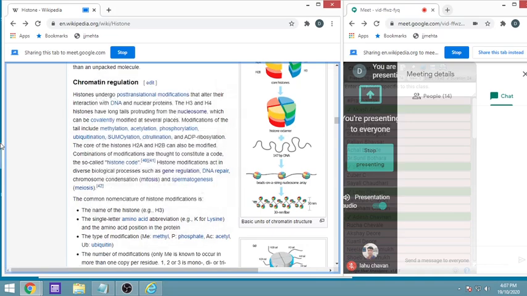The core of histone H2A and H2B can also be modified, and the combinations of modifications are important. They are also called the histone code, because there is a code, and accordingly the modification will be there. Histone modifications are very important in processes like gene regulation, DNA repair, chromosome condensation, mitosis, spermatogenesis, etc. In all cases it will be important.